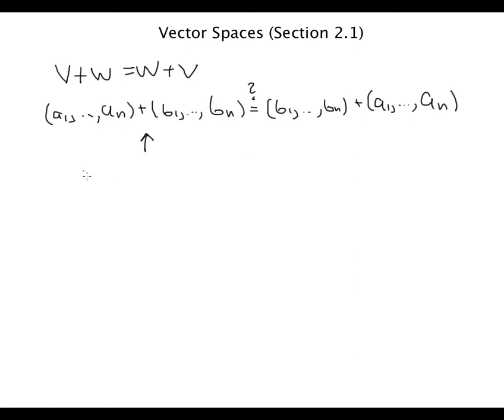Well, this side looks like A1 plus B1 and so on, and this side looks like B1 plus A1 and so on. And the fact that these two are equal comes down to the fact that these two are equal in each coordinate.